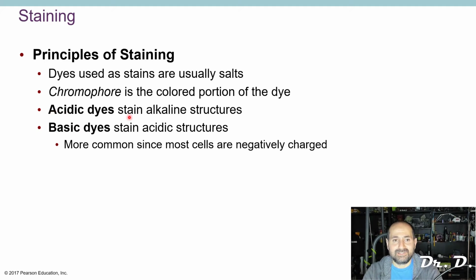Acidic dyes stain alkaline structures. So what does that mean? Here's what I need you to understand. Acidic dyes have a negative charge, so that they stick to and stain alkaline structures in the cell. You know what that means?